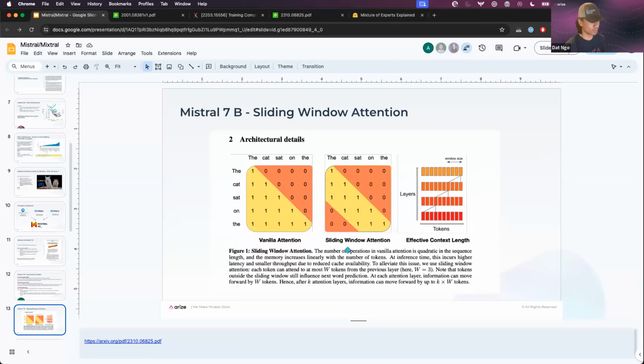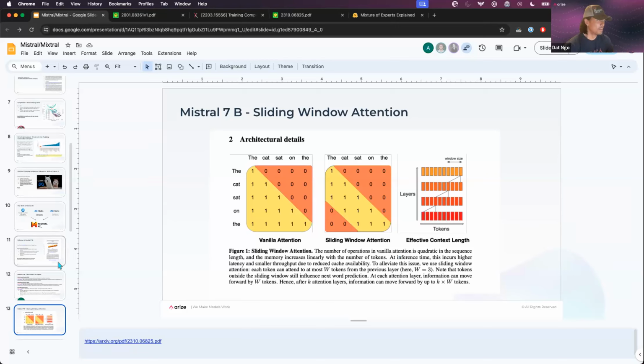The normal way of doing this is vanilla attention, which it states right here is quadratic in sequence length, and memory increases linearly. Whereas with a sliding window, the computation scales up just linearly instead of looking at everything.